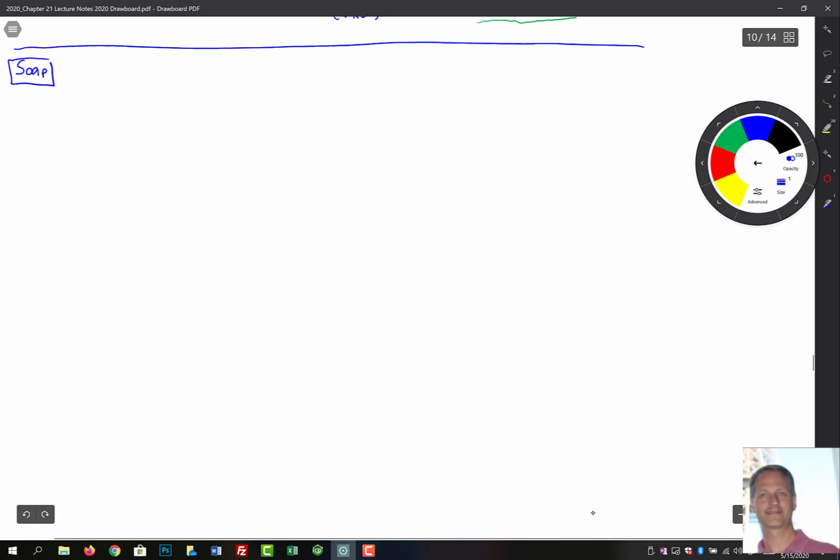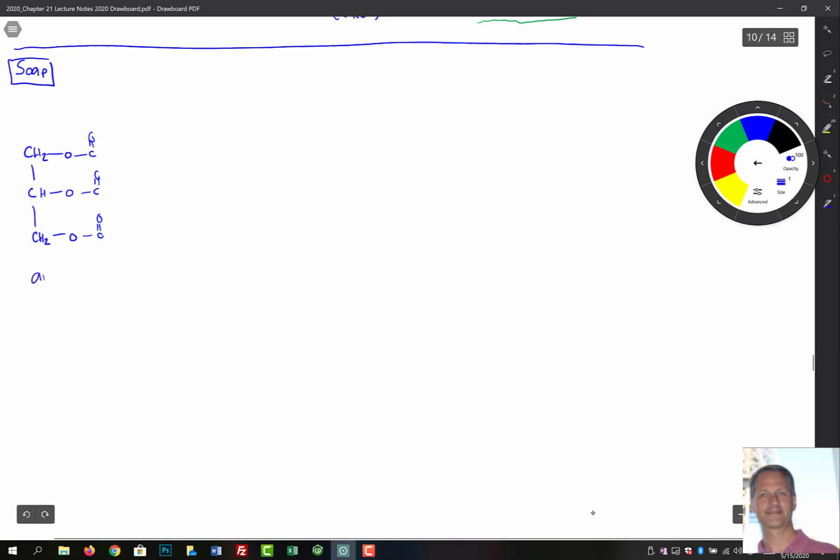So let's take a look at the reaction here. First we're going to draw out a fatty acid. This is the general structure of a triacyl glyceride.